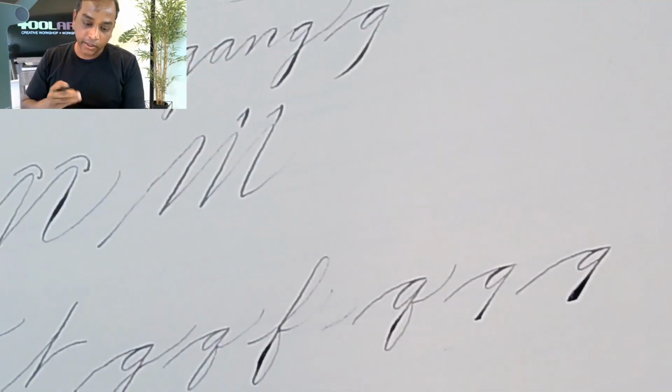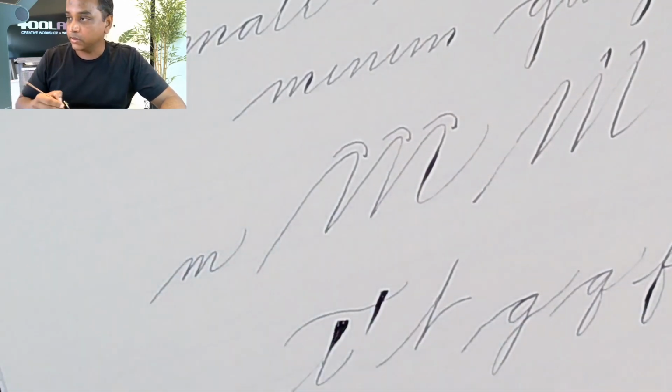When you're writing the whole page or paragraph, these can be very distracting, because in the whole page you'll see all these thick shades. The only shade you should be able to notice is the uppercase, when you're writing the capital letters, and of course T and D, if those letters are used. And they also should be very light. So even the T, if I make it something like this, it's very heavy. It has to be very light, something like this, very light.